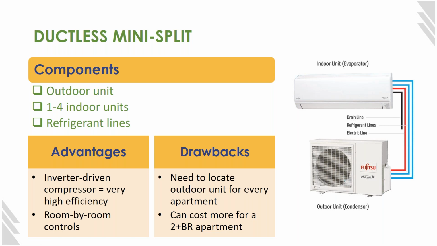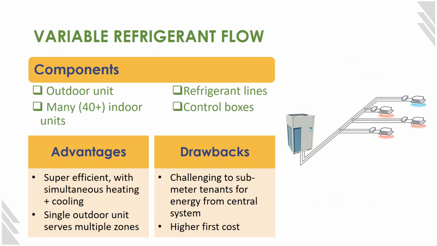So that's on a unit by unit level. So you'd have one outdoor unit per apartment or maybe per common area space, and then some set of indoor units. Sometimes, though, it makes sense to do things centrally. And for that, you would go with what's called a variable refrigerant flow, or VRF system.